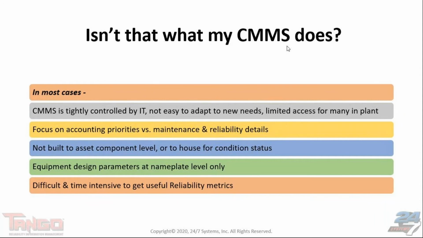And once again, the biggest issue we find is that the CMMS systems tend to be work order related. They're managing the business of maintenance, the accounting side of it, more than the reliability information, and therefore it makes it more difficult and time intensive to get any useful reliability metrics out of those systems.